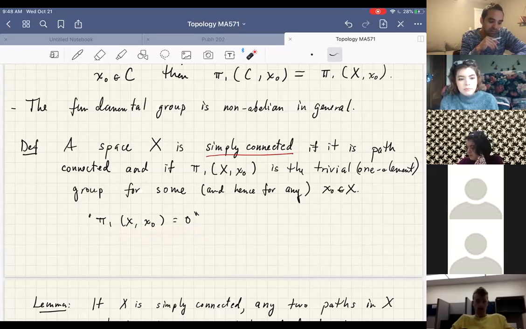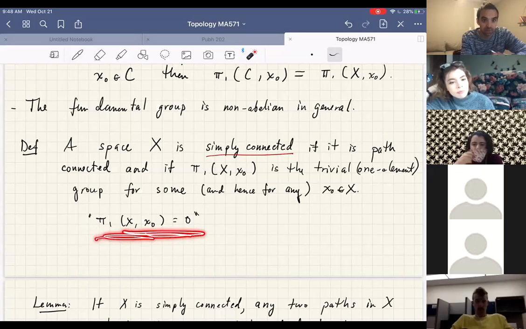We write pi1 of x equals 0 whenever we want to say the fundamental group is trivial. We mean this is the trivial group, the group with one element.